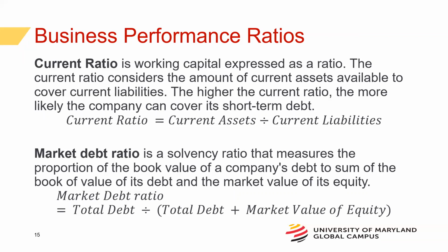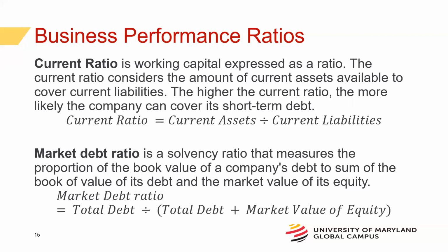Now, the current ratio tells us the company's ability to satisfy its current obligations. And this ratio is very important to tell us how healthy the company is in the current term. And so the higher the current ratio, the more likely the company can cover its short-term obligations or short-term debts.